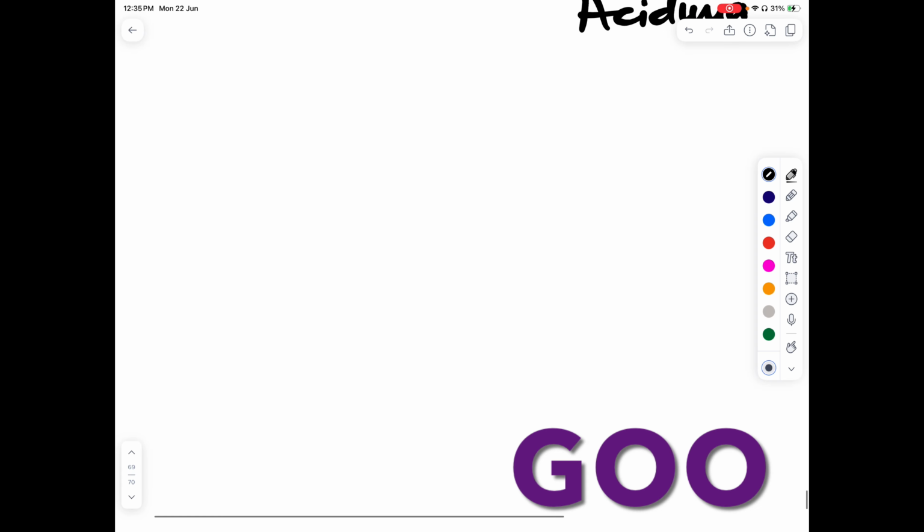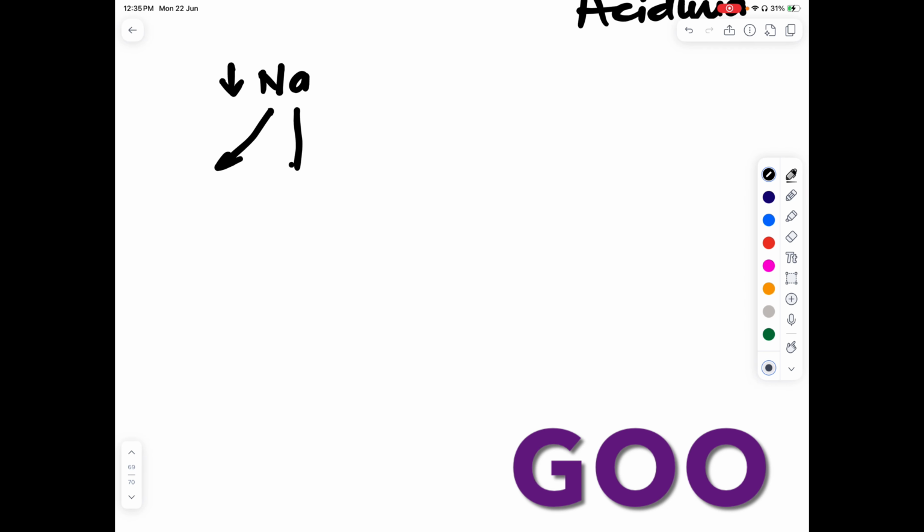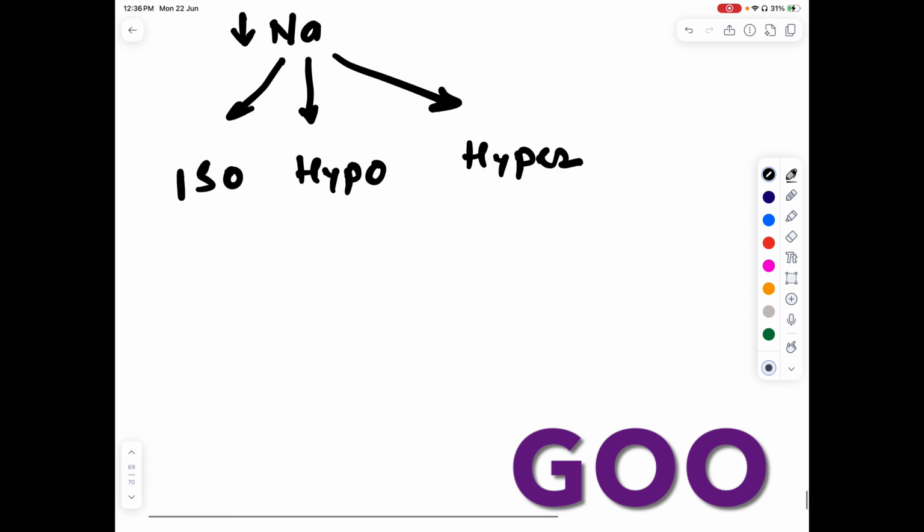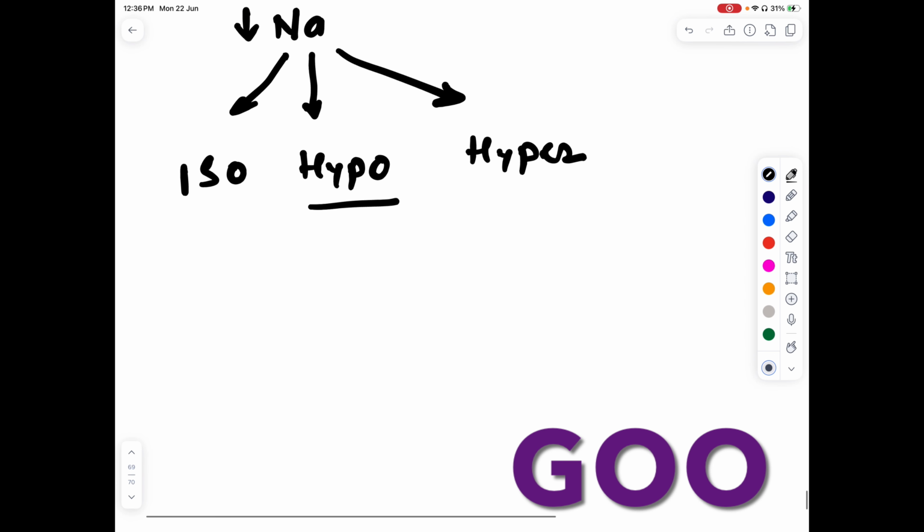Hyponatremia means decreased sodium. This can be of three types: iso, hypotonic, and hypertonic. Hypotonic means hypovolemic hyponatremia.